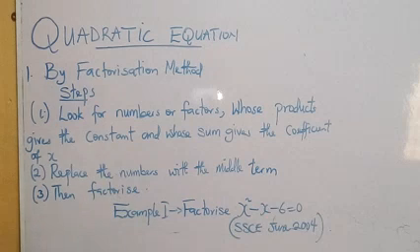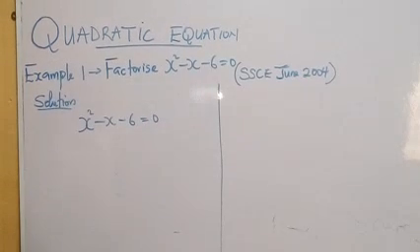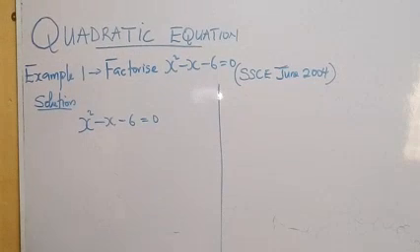Now let's look at example 1. Factorize x squared minus x minus 6 equals 0.